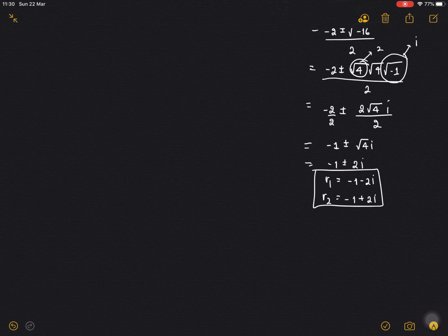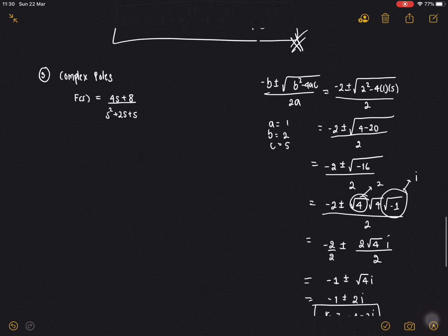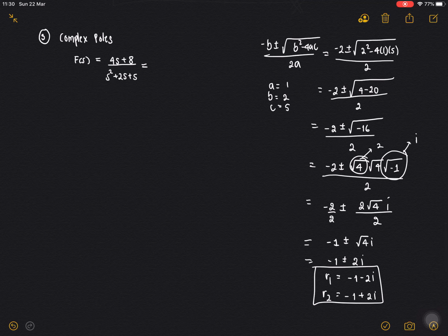Okay, so you have the complex roots, therefore you can make that equivalent to partial fractions. Again, the maximum degree here is 2, which means you need two constants. Let's say the first one is A, and then adding up with B. So A goes with s minus (minus 1 minus 2i), and B goes with s minus (minus 1 plus 2i).